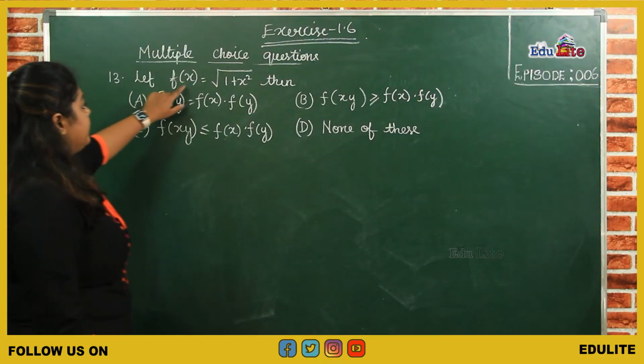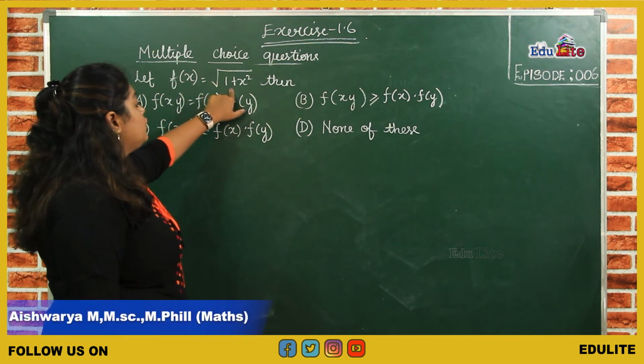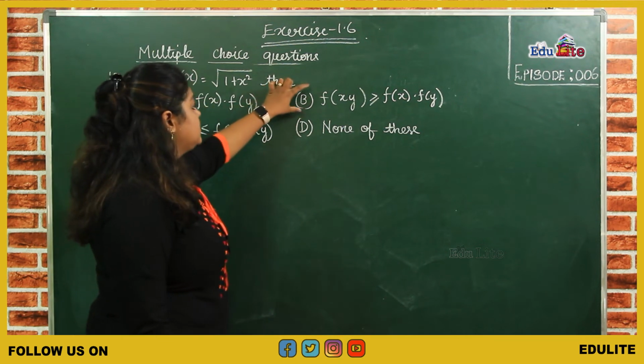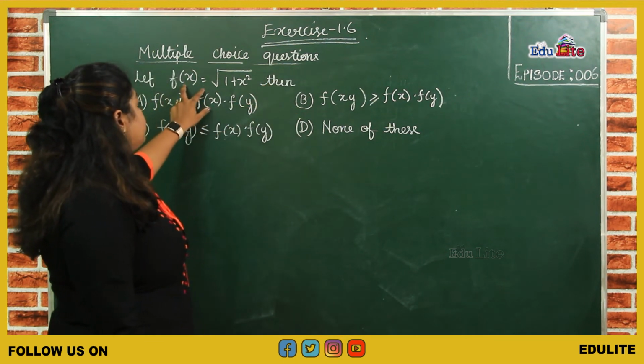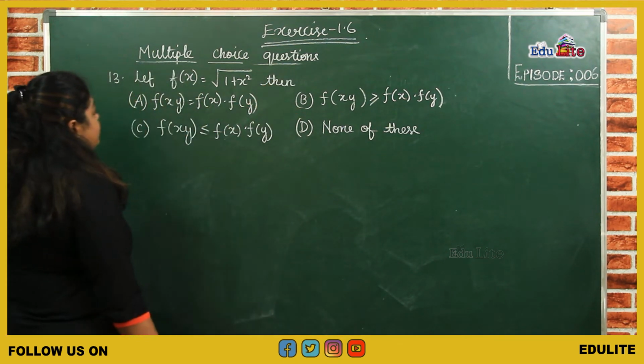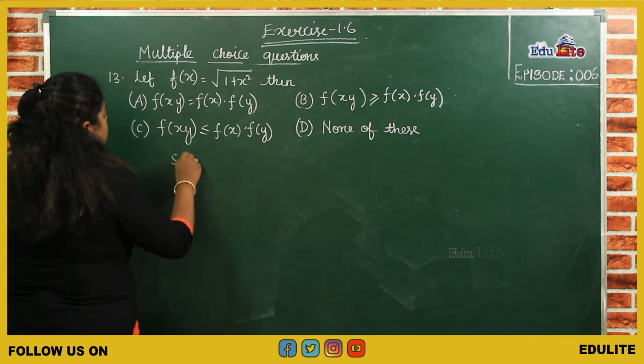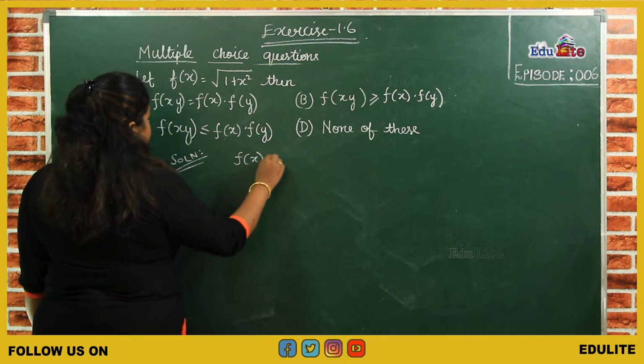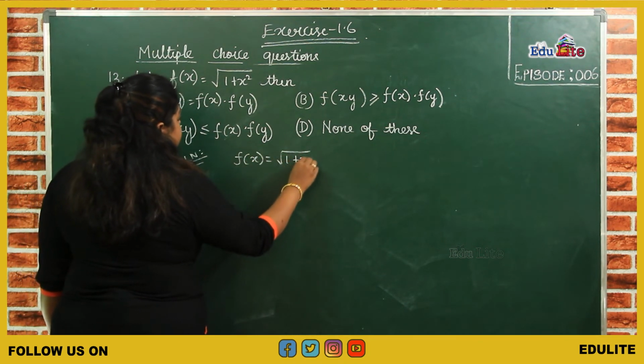So, in the next problem, f of x is given as root of 1 plus x square, and we have to find which of these relations is satisfied. So f of x is given as square root of 1 plus x square.